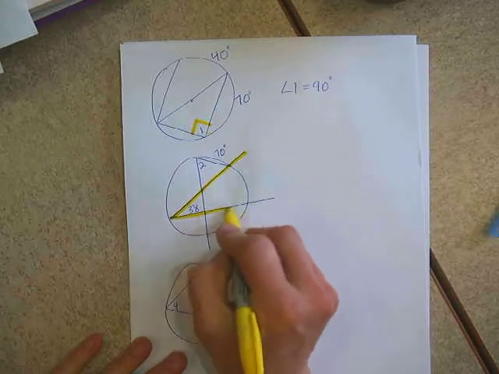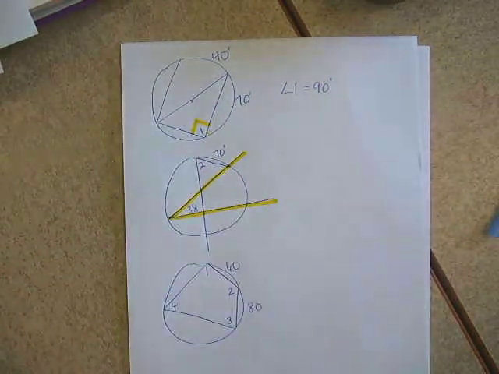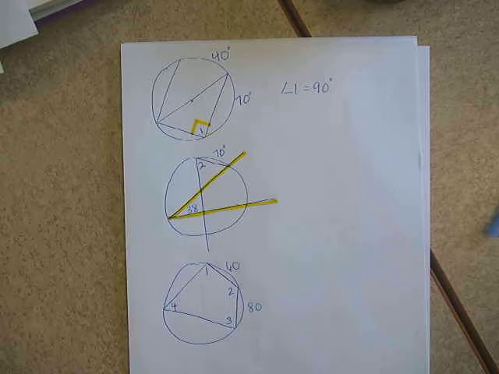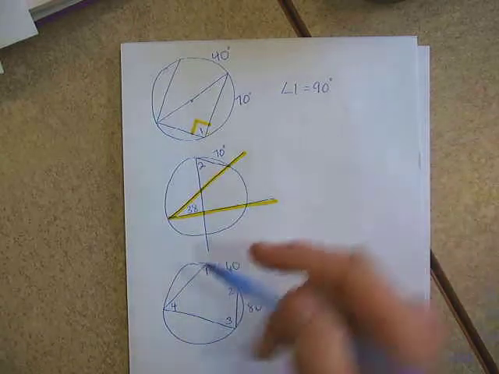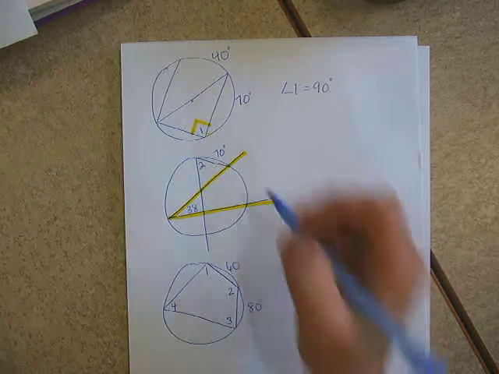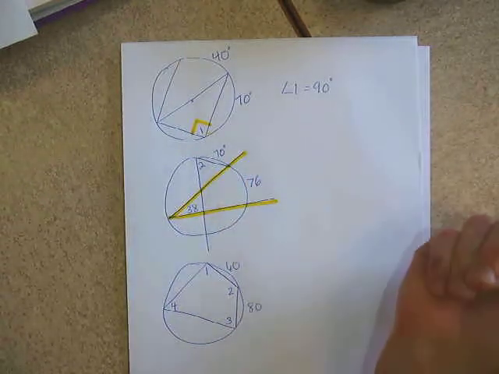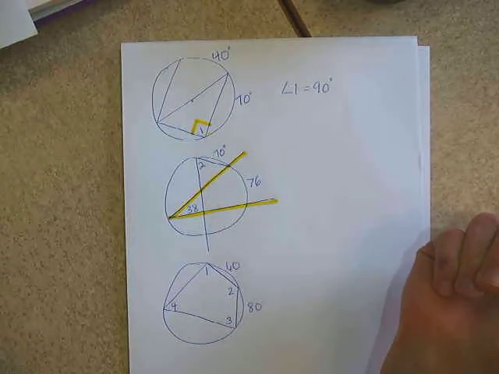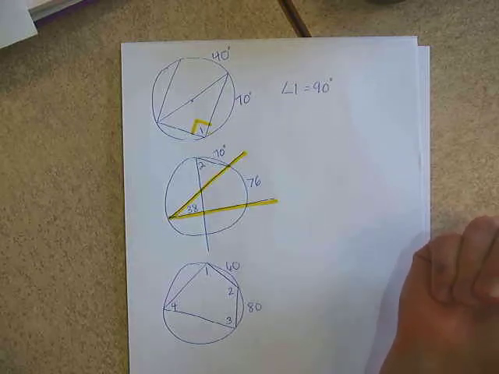Okay, so we have an inscribed angle of 38. If you go out and look at the intercepted arc, then we can get the measure of that, which would be what? 38 times 2. So that makes that 76.